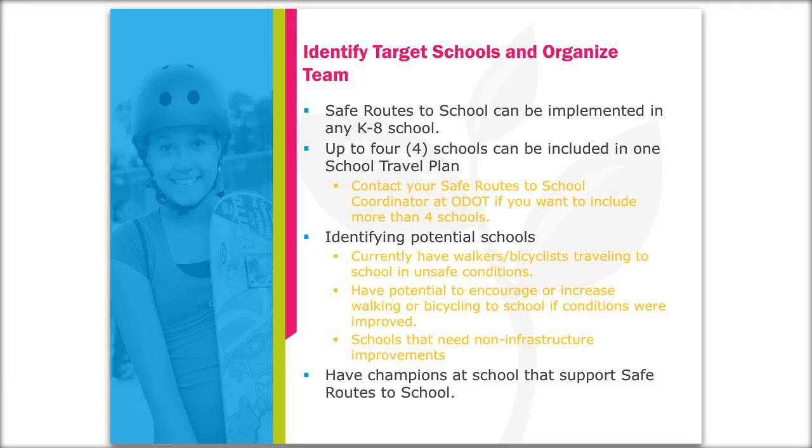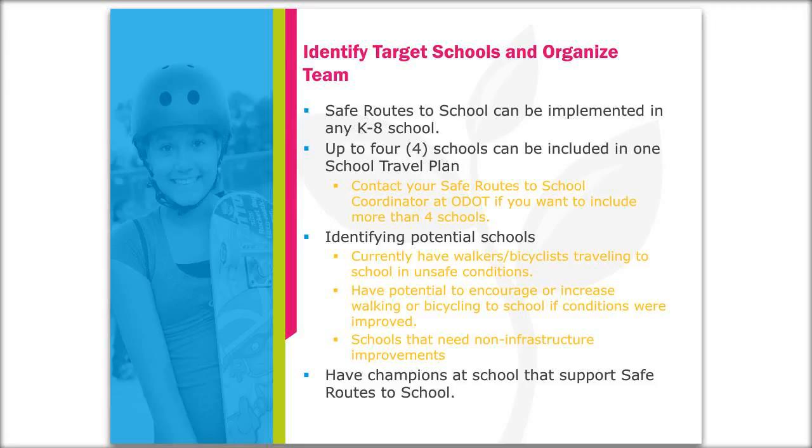In identifying potential schools, you want to look at which currently have walkers and bikers traveling to school in unsafe conditions, have potential to encourage or increase walking or bicycling to school if conditions were improved, and need non-infrastructure improvements. So you're really evaluating what would be the best process and have the most benefits for schools.